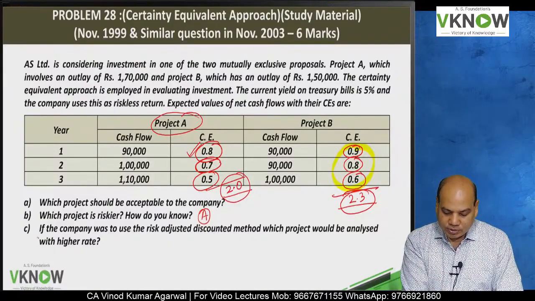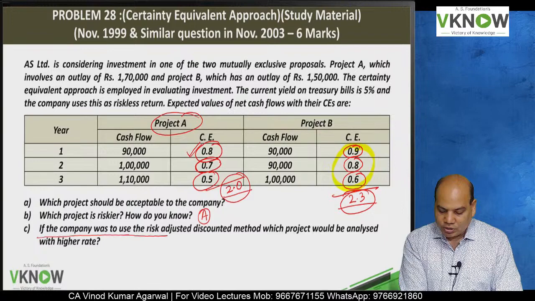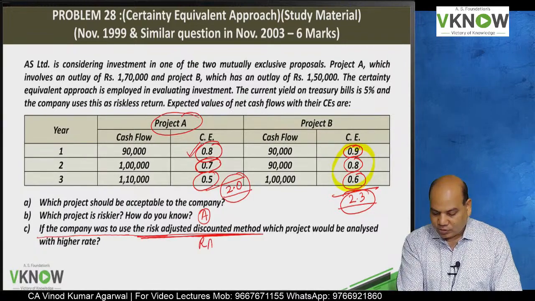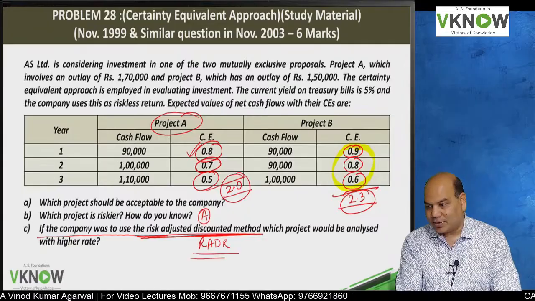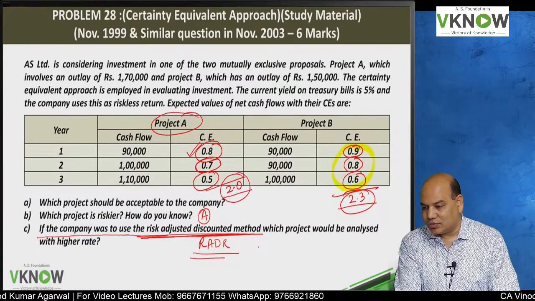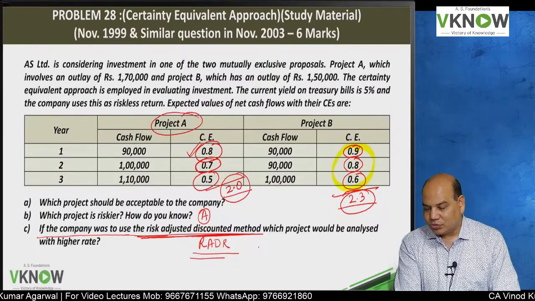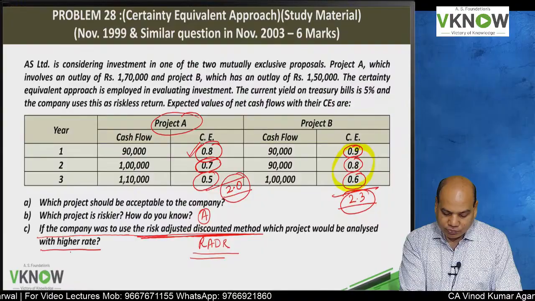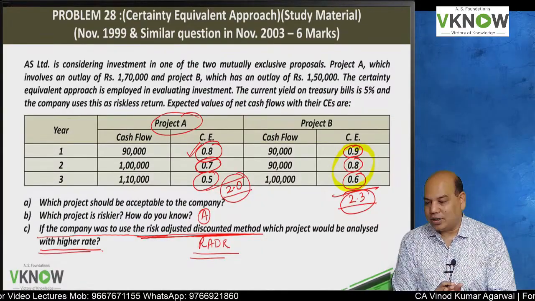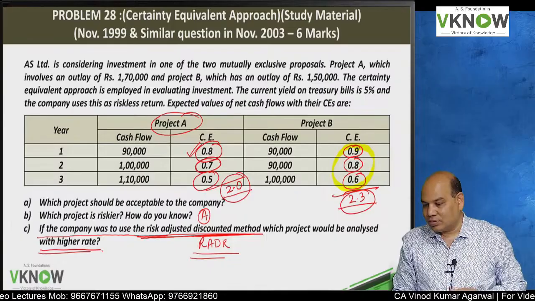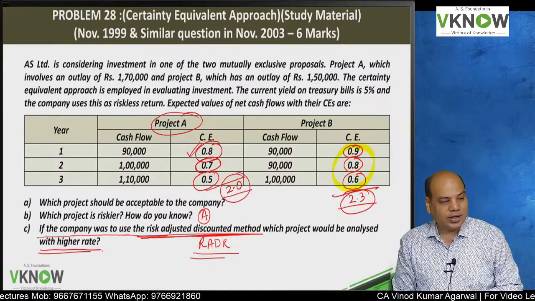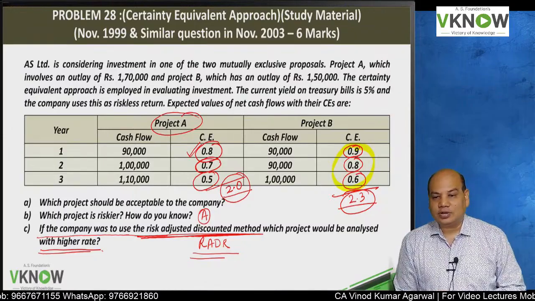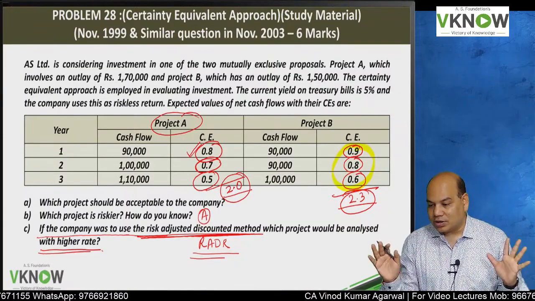Point number C, if the company was to use risk adjusted discount rate method, RADR, instead of using CEC method, which project would be analyzed with higher rate? Answer please. The answer is again the same.